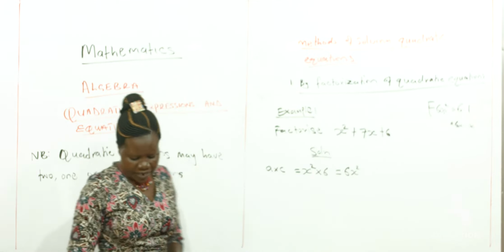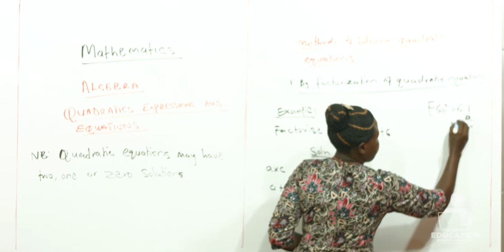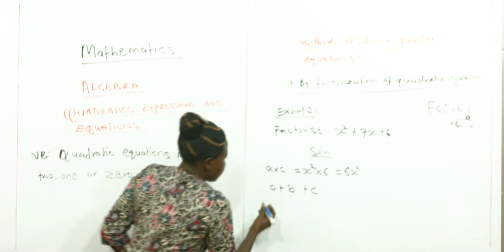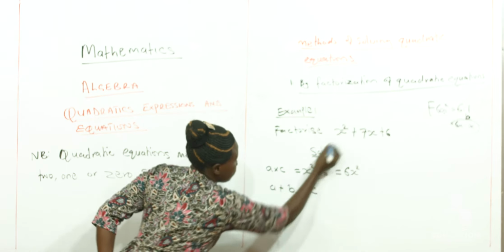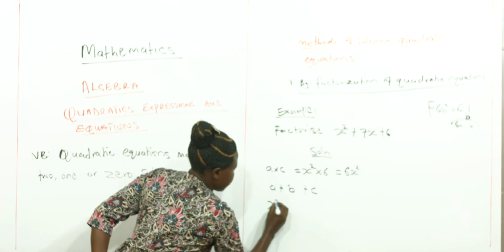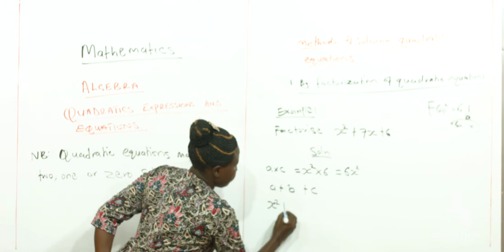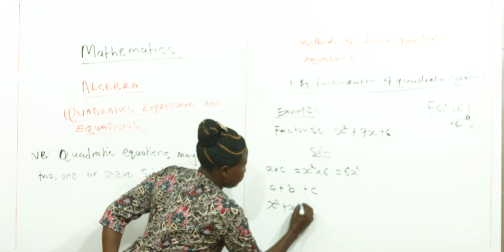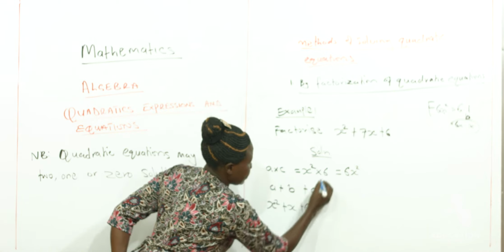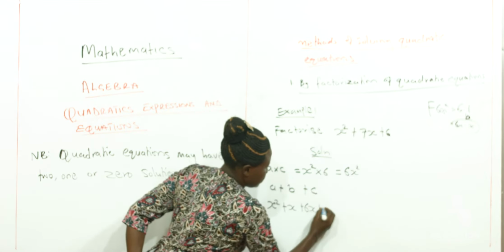After that, you now rewrite them as A plus B plus C. The factors that you have got make up our B. So where there is A, you write x square, and then for B we have plus x and plus 6x, and then for C we have plus 6.